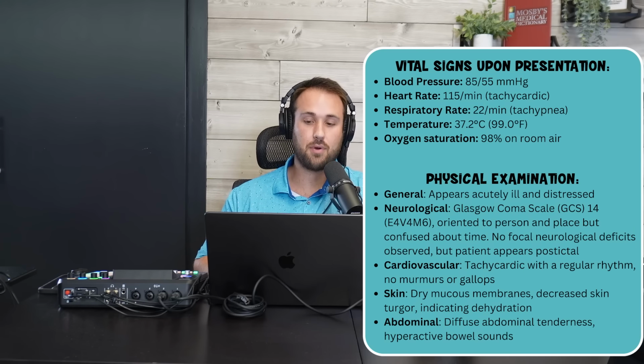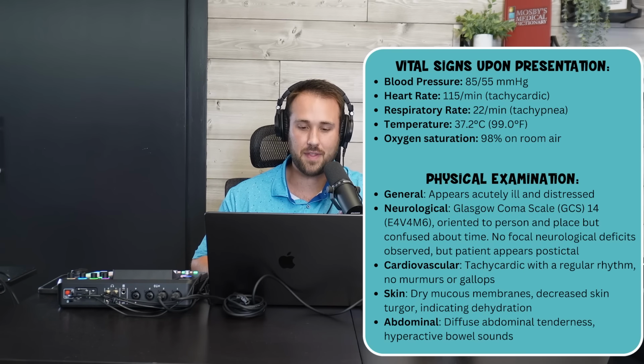She is oriented to person and place, but confused about the time. There are no focal neurodeficits observed, but the patient does appear post-ictal. Cardio: she has tachycardia with a regular rhythm, no murmurs or gallops present. Skin: dry mucous membranes, decreased skin turgor, indicating dehydration. And finally, her abdominal exam: diffuse abdominal tenderness, hyperactive bowel sounds.